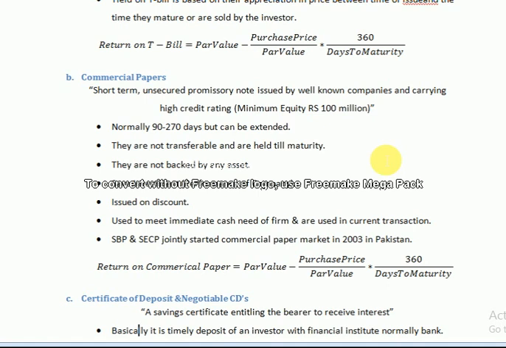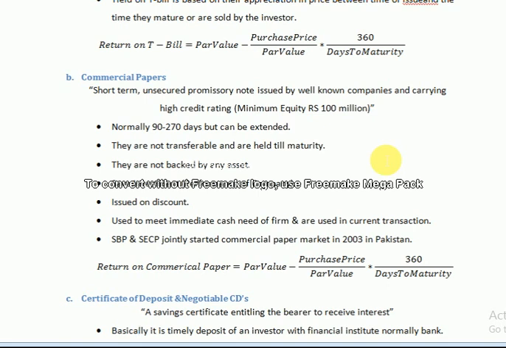You did not discuss the differences of these. Are these three the same or not? So before going to discuss commercial papers, I will try to shortly and easily explain the difference between T-bills, T-notes and T-bonds.